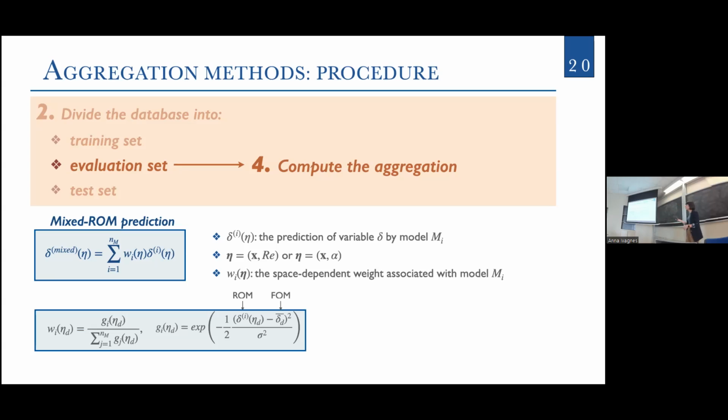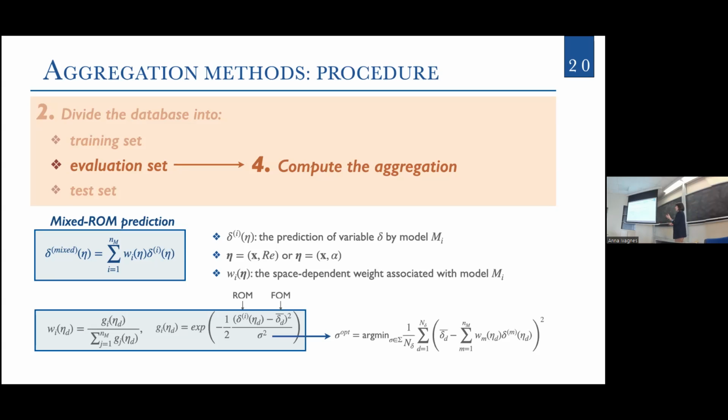And in this evaluation set, we compute the weights directly with this formula here. So you see that there is a sort of Gaussian, okay, normalized, because all the weights have to sum to 1 for each space coordinate, for each parameter, of course. And they are computed directly starting from the discrepancy between your reduced order model and your full order model.